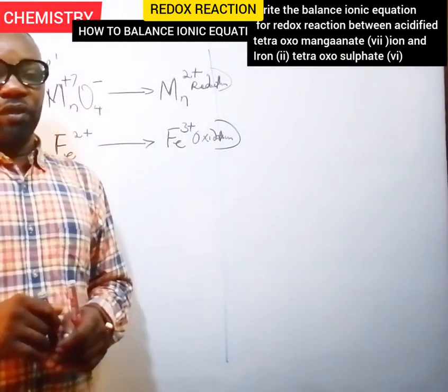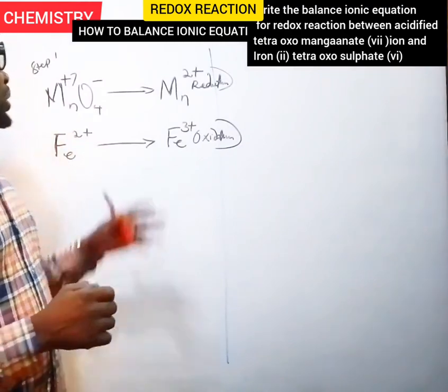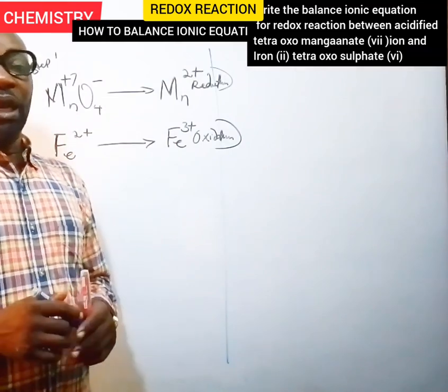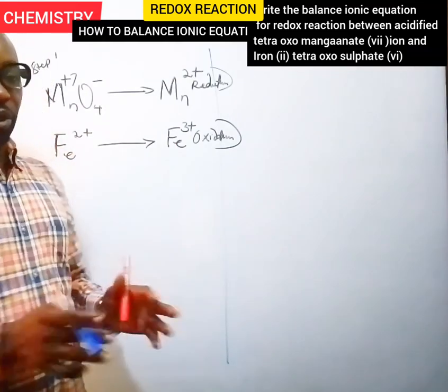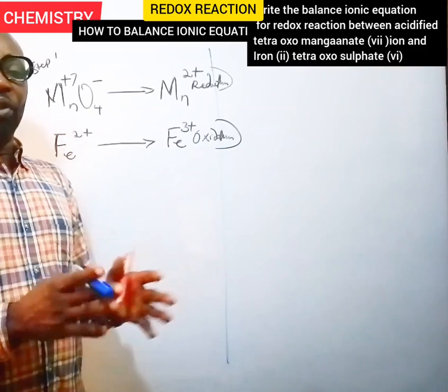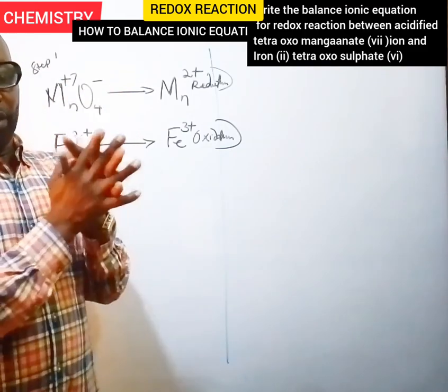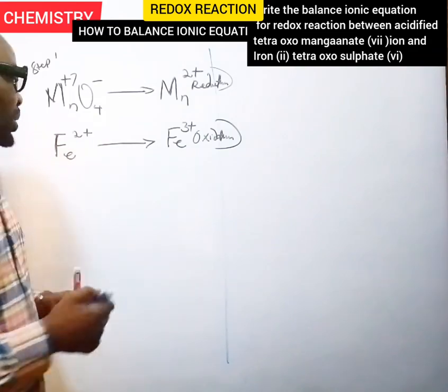Take note of that. Now we are going to take step 2. We take the reduction reaction, and because it is in acidic medium, we are going to add hydrogen ion to the reactant side, which is going to lead to water.